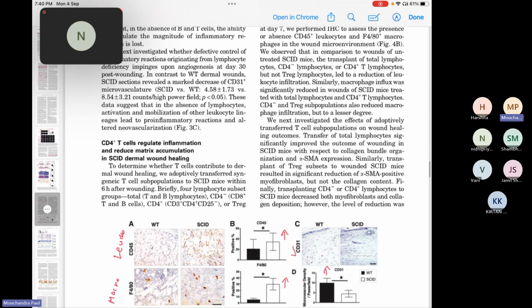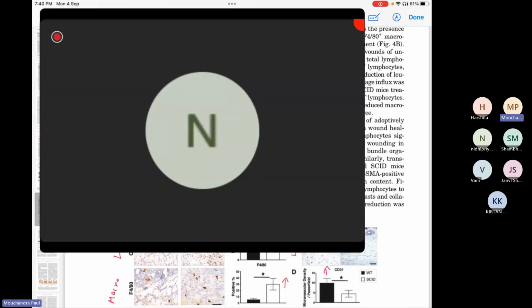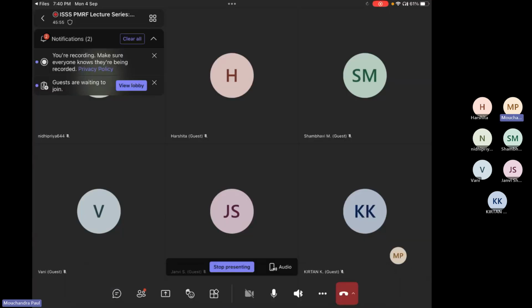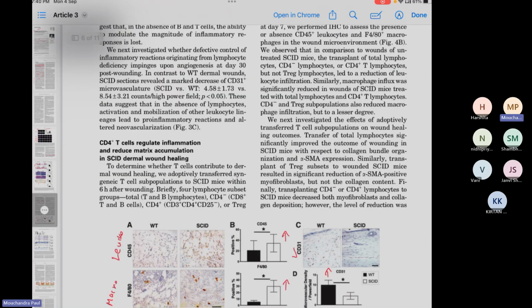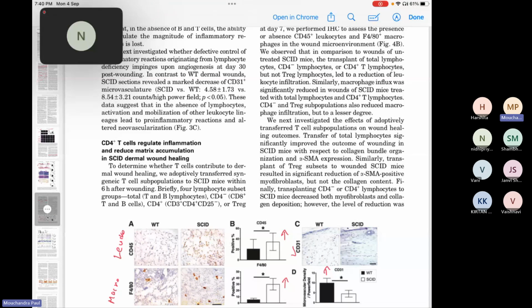Now what they did next: so far you have understood that in the SCID mice, which do not have any lymphocytes, the wound repair process is proceeding with the highest scarring, right? Also, not enough blood vessels are getting formed. If that tissue area is not getting blood supply properly, then the function of the tissue in that area is compromised.